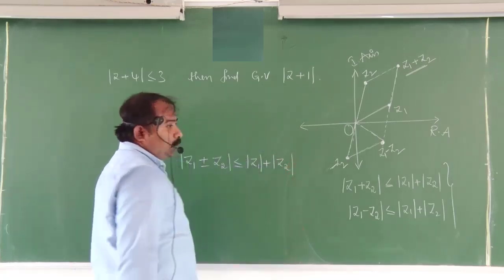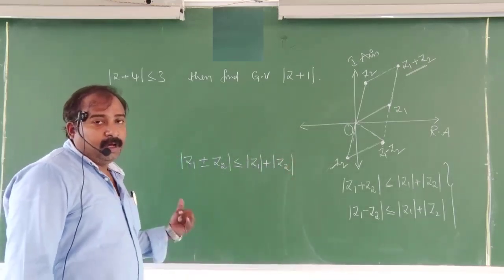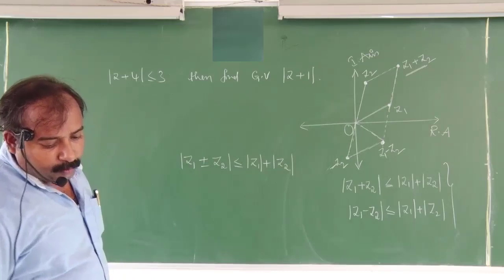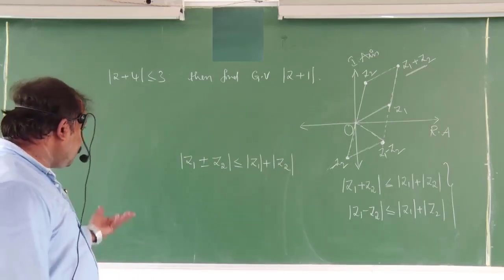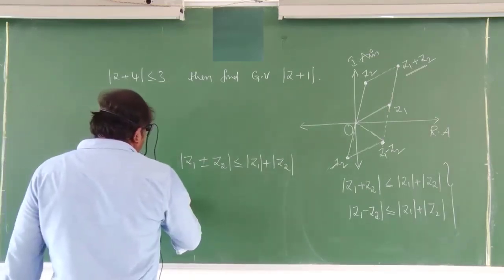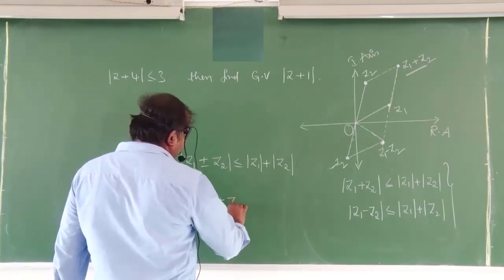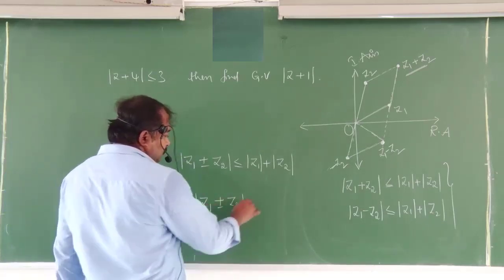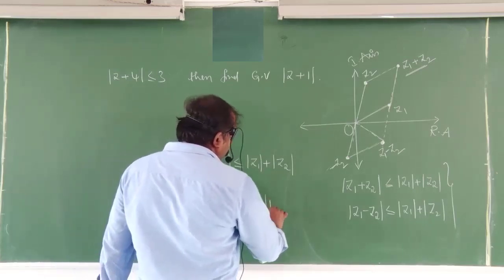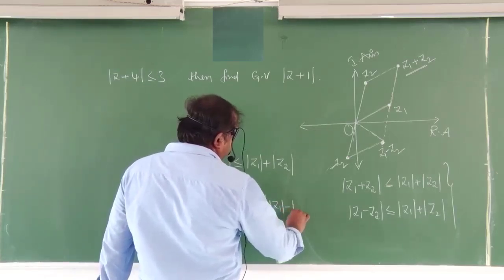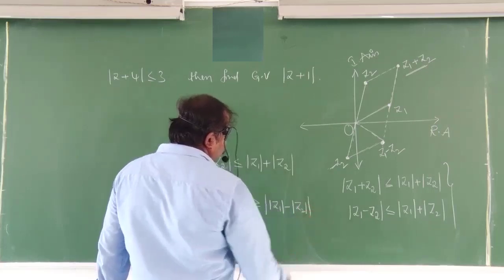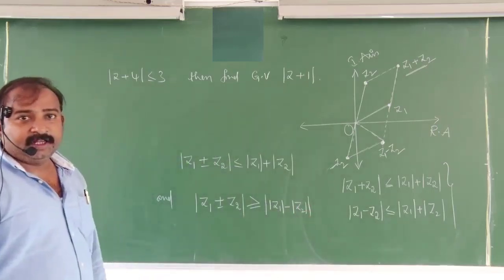Remember this point also. And one more point: modulus of Z1 plus or minus Z2 is always greater than or equal to modulus of Z1 minus modulus of Z2. Can I write this now?